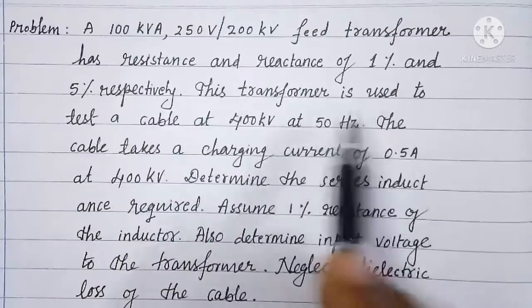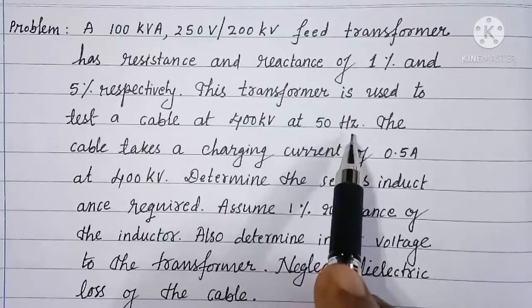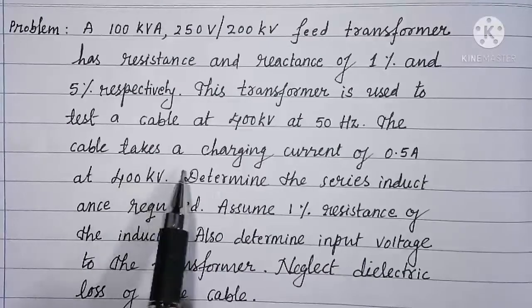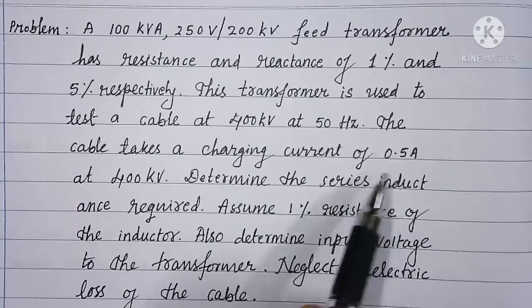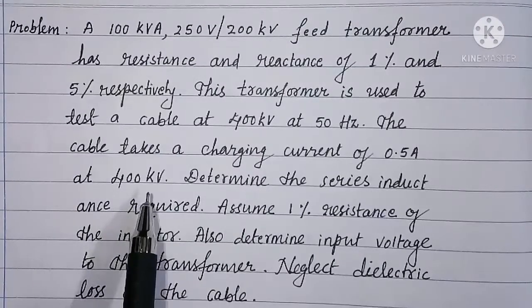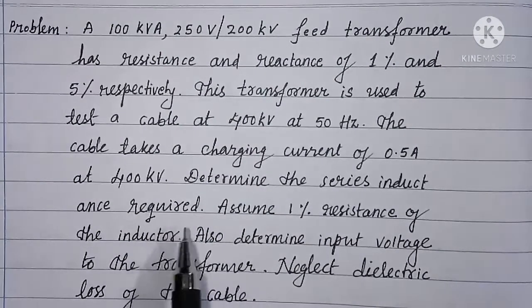This transformer is used to test a cable at 400 kV at 50 Hz. The cable takes a charging current of 0.5 ampere at 400 kV. Determine the series inductance required.